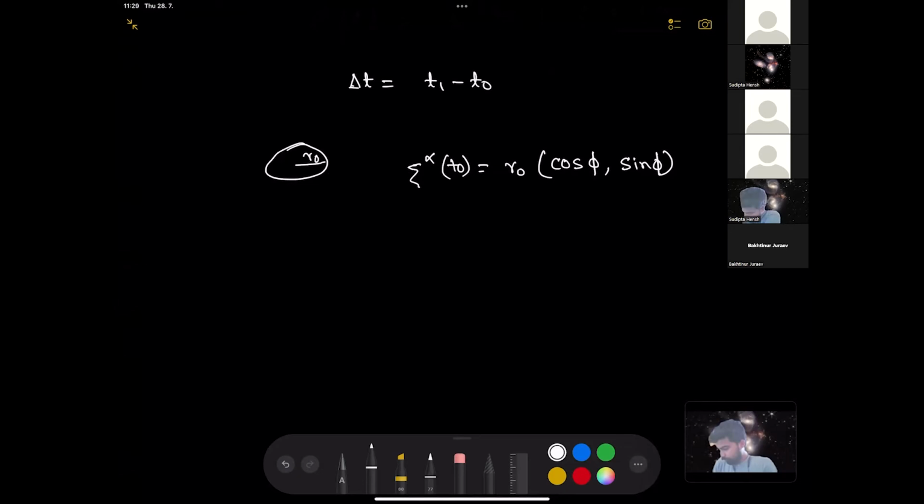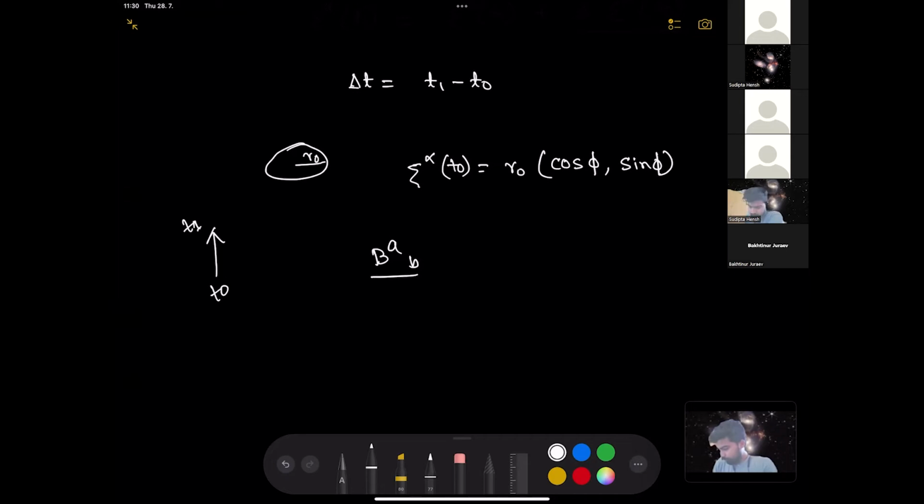So let's say our system propagates through a deformable medium where time changes from t0 to t1. Then what could be the properties of B alpha beta here?